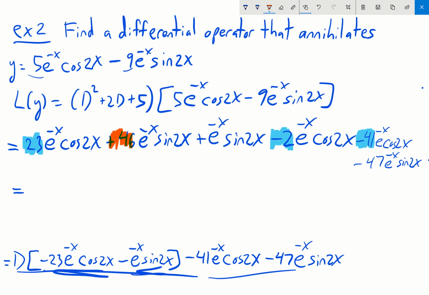The e to the negative x sine of 2x terms, those do cancel. So we have one here, and one here. 46 plus 1 would be 47, and then 47 and negative 47 would cancel. So those cancel. And I must have dropped, unfortunately, sorry, but I dropped the sign.